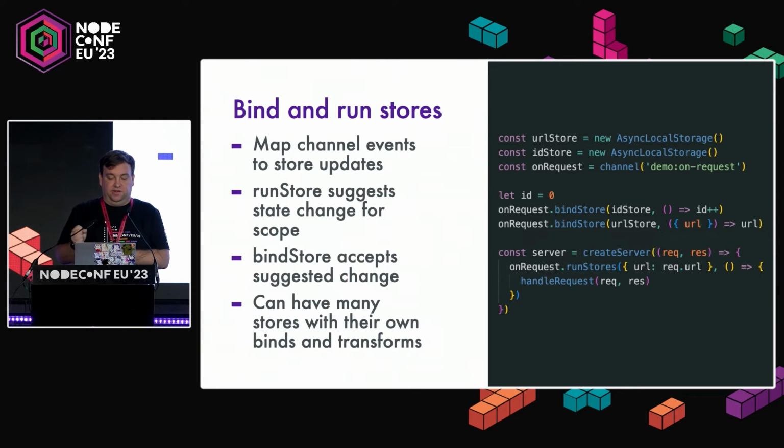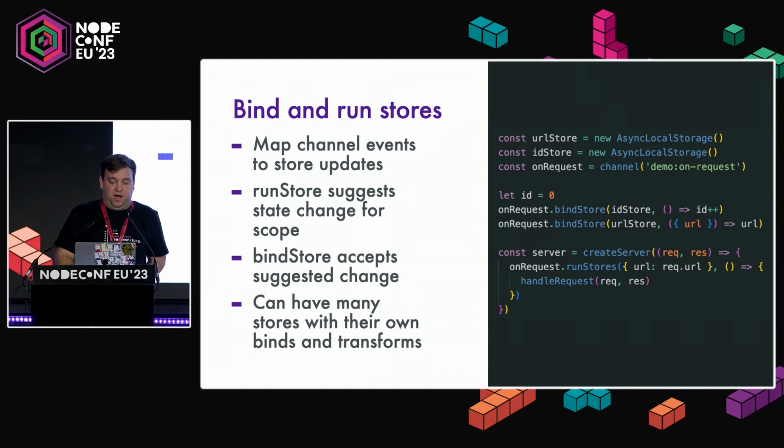So in this case, we've done the run stores on this channel, and then multiple things can bind to that. We've bound an ID store to generate an ID for each of these requests, and we've also separately bound a store to track what the URL is for this request.